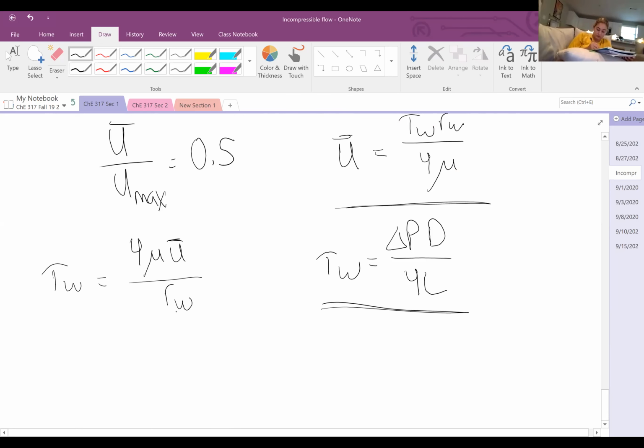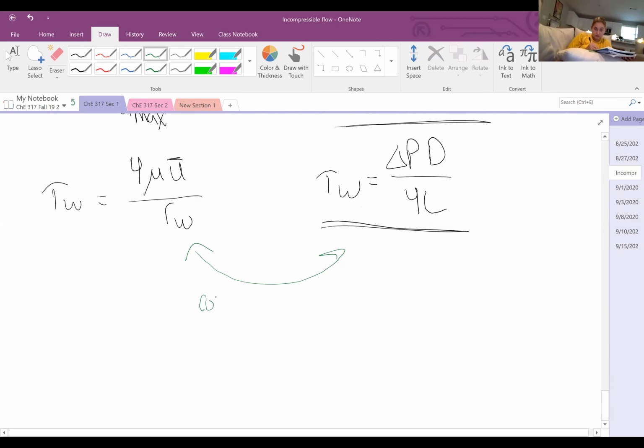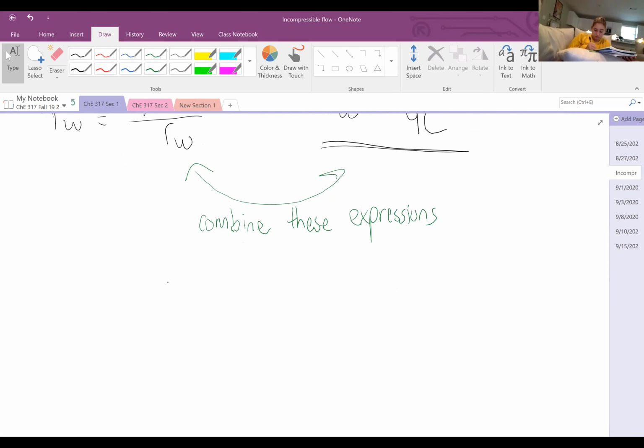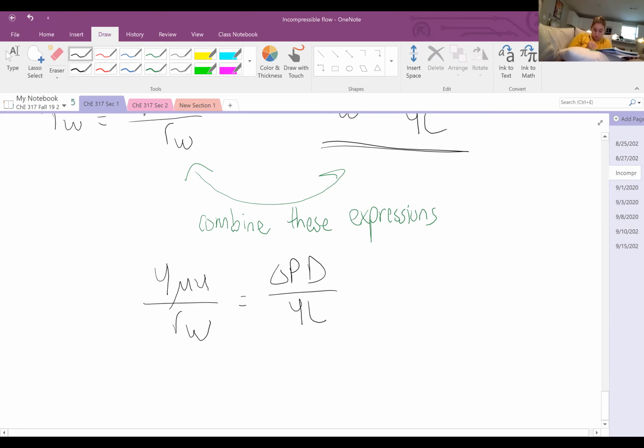So now, if I combine these two expressions, I'm left with 4 mu u over rw equals delta p times d over 4L.